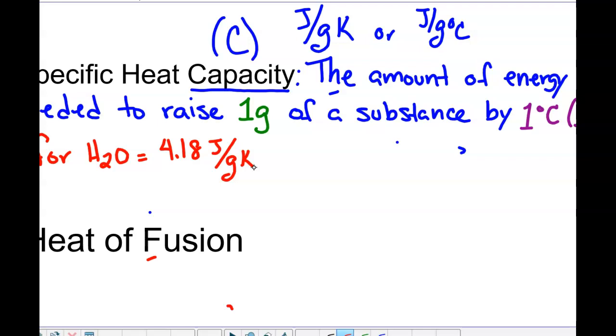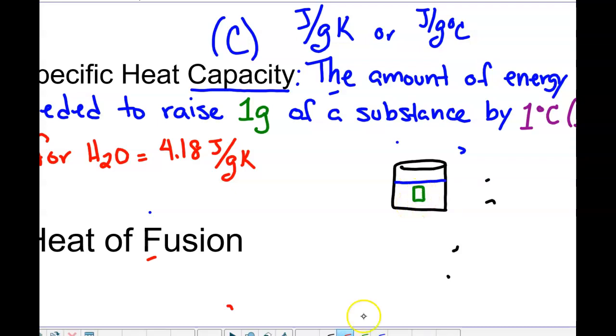Very often we do a reaction near water, where we surround it by water, because we know that if a substance gives off heat and it's surrounded by water, water will absorb that heat. So we can put, let's say, an amount of water in a container and drop in a substance.